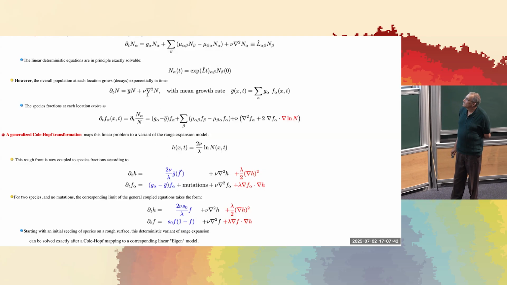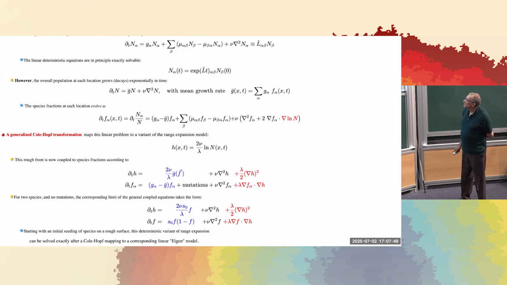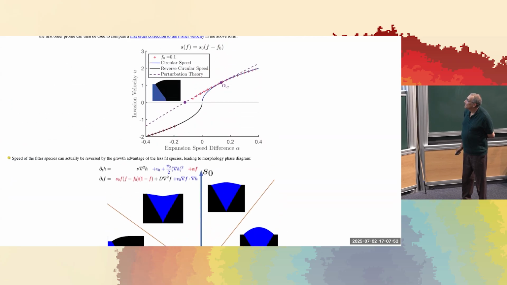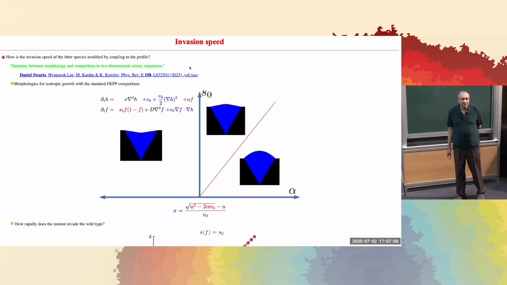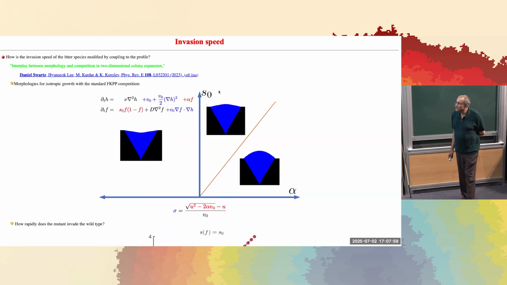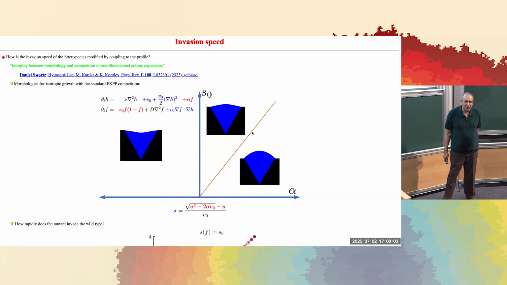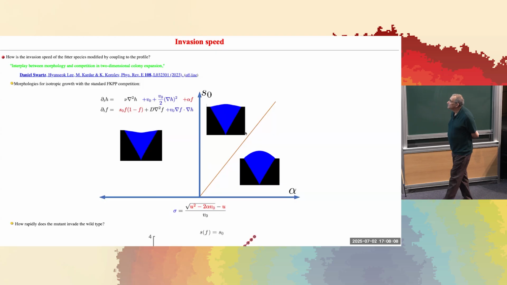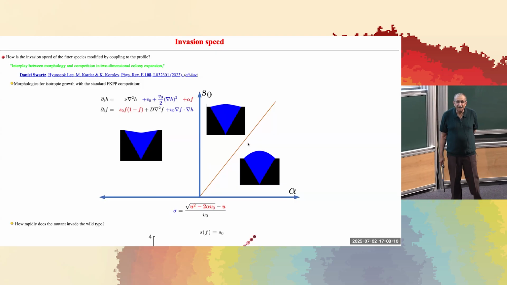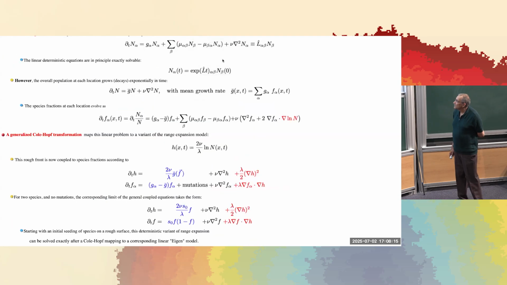Now, if I go back to the phase diagram that I had, where do these special parameters take place? They're exactly at the boundary of going from one phase to the other. So somehow this boundary line is something that is exactly solvable through this Cole-Hopf transformation.